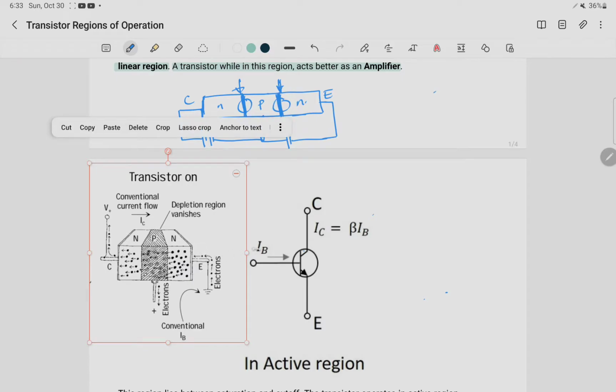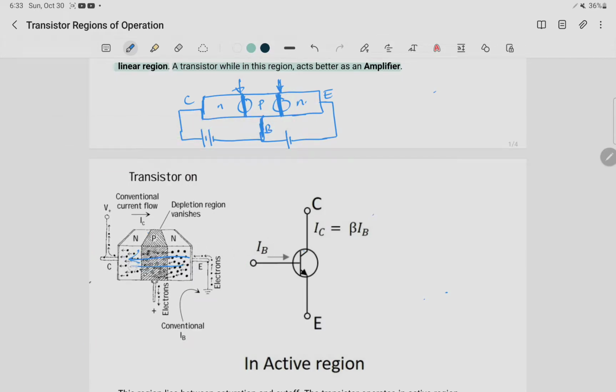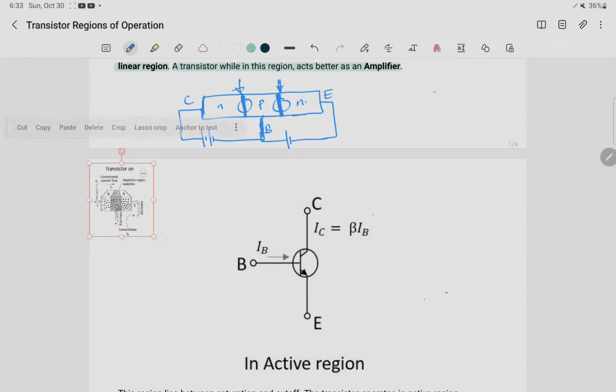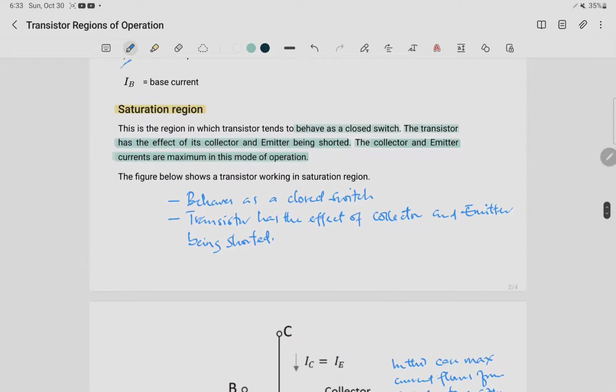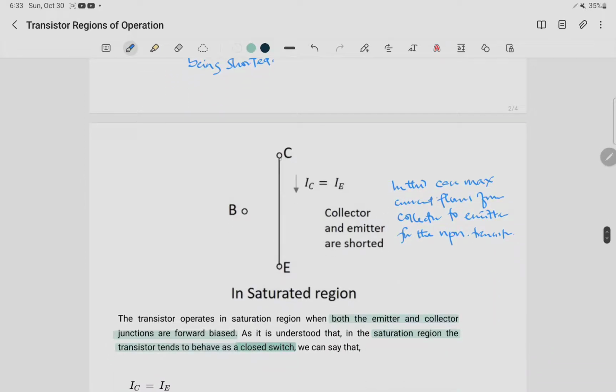In the saturation region, our transistor behaves as a closed switch, and the effect it has on the collector and the emitter is as though they are being shorted. That's why you can see here that the current IC is flowing down from the collector to the emitter, and there is no current flowing to the base or from the base.